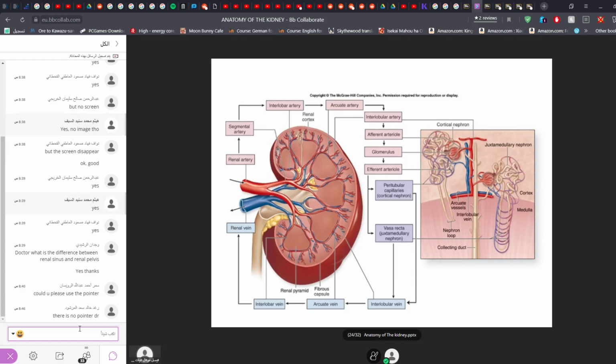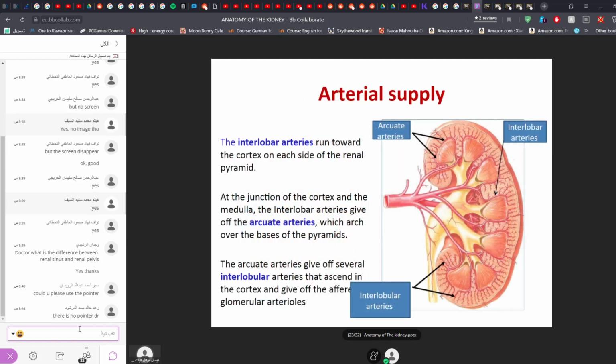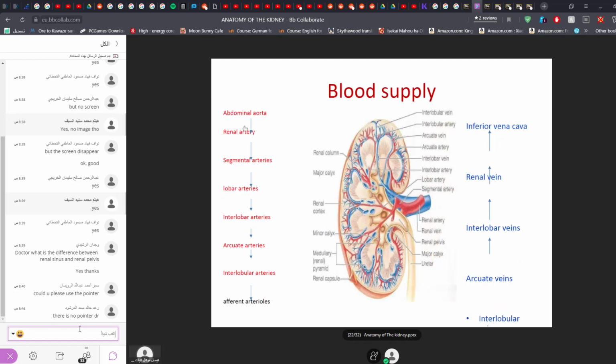The previous slides, if we see, here again it goes. So here you can see interlobular. Now, see, the abdominal aorta gives the renal artery, then segmental arteries, then lobar, interlobar, arcuate, interlobular, afferent arterioles.